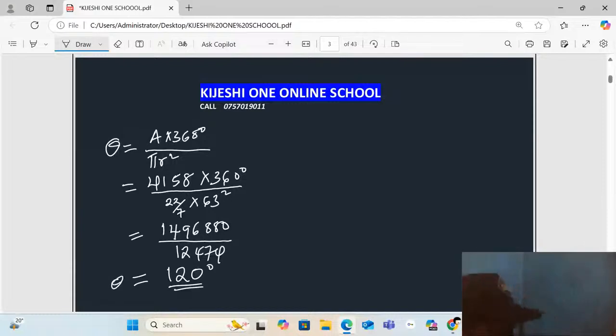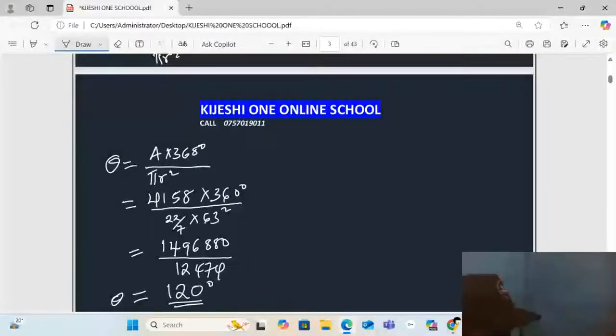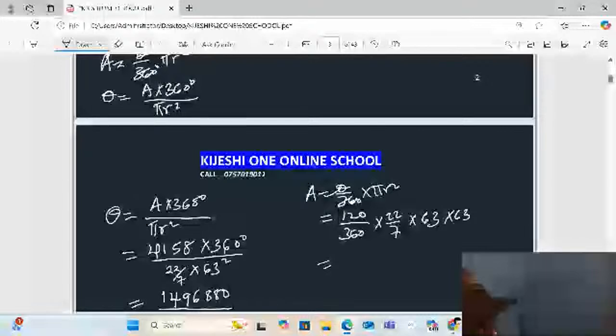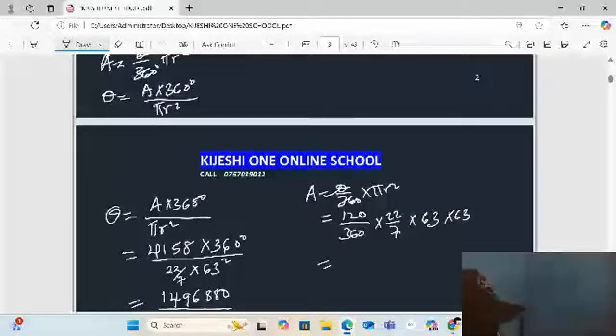So the angle subtended, as we've shown here, the area is 4,158, the radius is that. Now 120 out of 360 times 22/7 times 63 squared, I get the same answer.